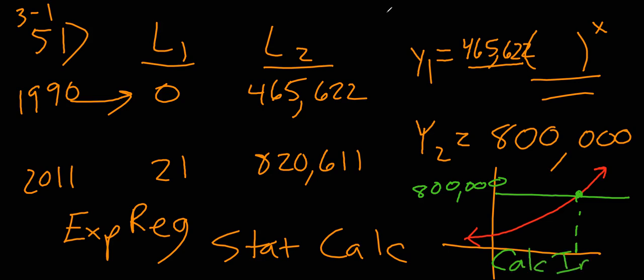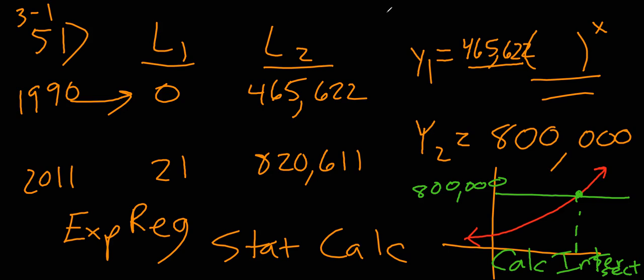Our favorite tool to use. But yeah, calculate intersect. That's the feature you're going to use from your calculator in order to find that intersection point. Okay? At this point, we're not going to do the brutal logarithm jump. Okay, we'll do that later.